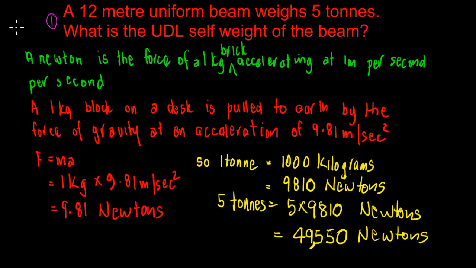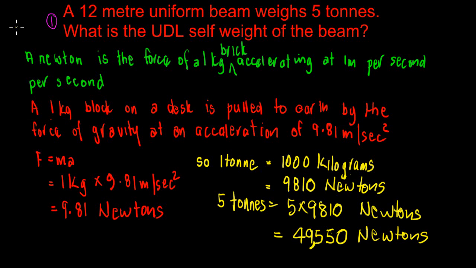Bit hard to say really, but probably known as metre per second squared. Now, a 1 kilogram block on a desk is pulled to earth by the force of gravity at an acceleration of 9.81 meters per second squared.